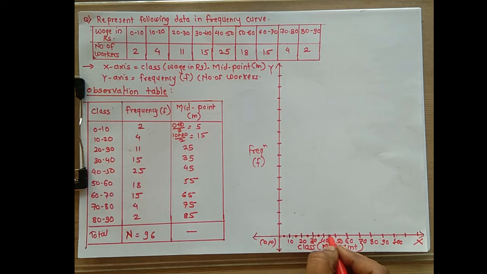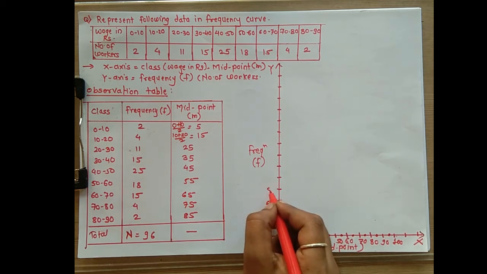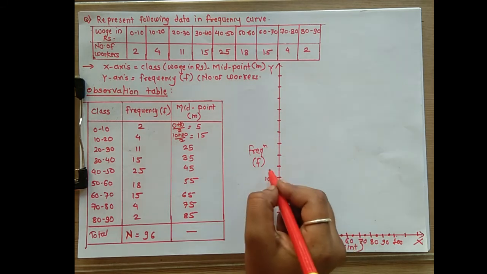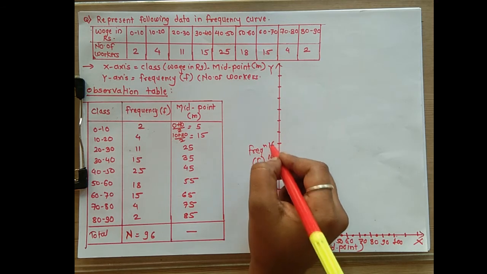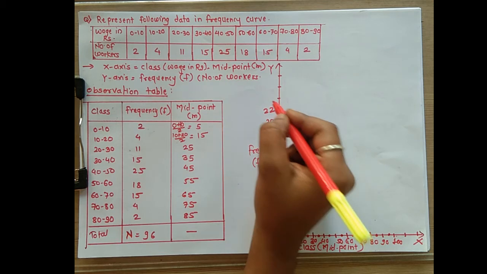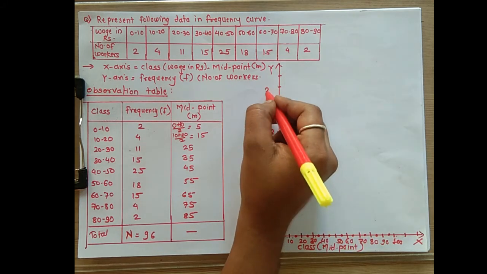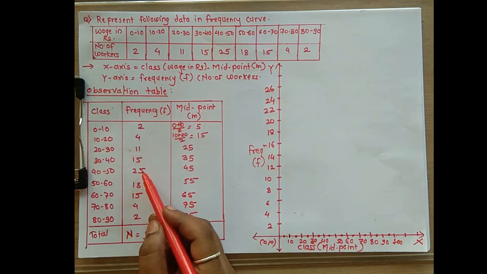We mark all the midpoints, and on y axis we take the scale 2, 4, 6, 8, 10, 12, 14, 16, 18, 20, 22, 24 and 26 because the frequency is starting from 2 to 25. Maximum frequency is 25.